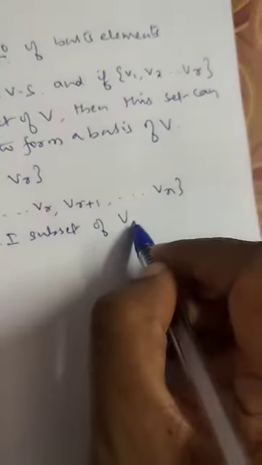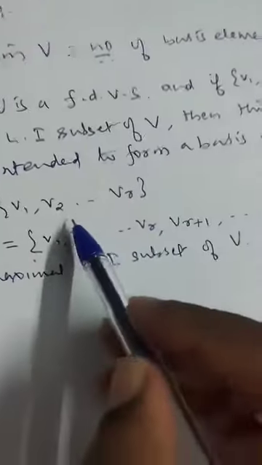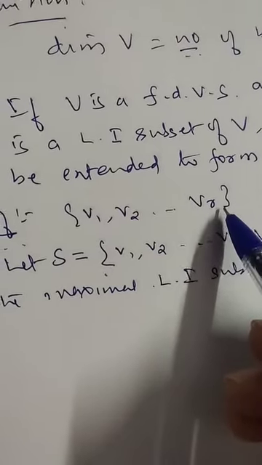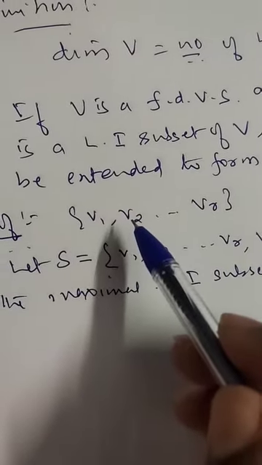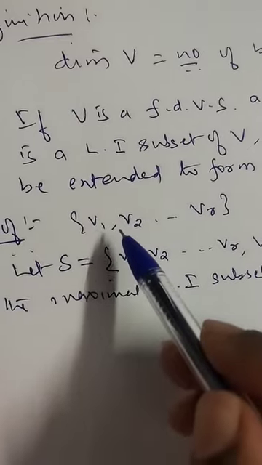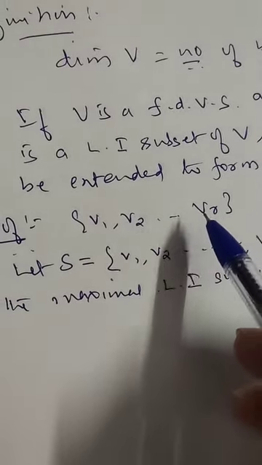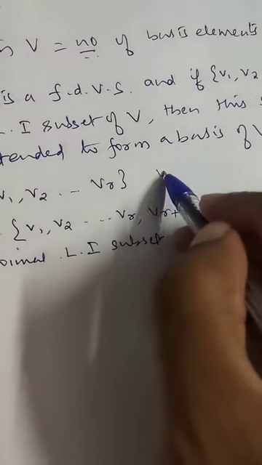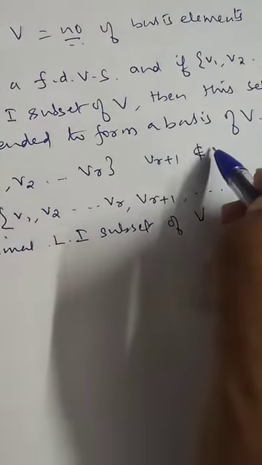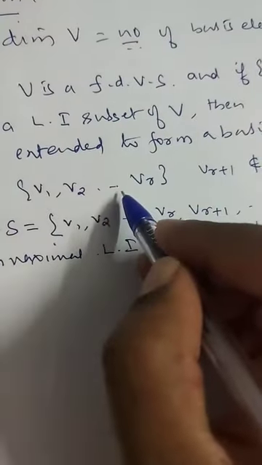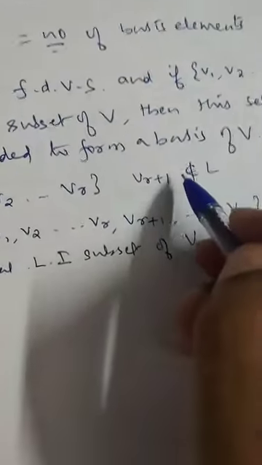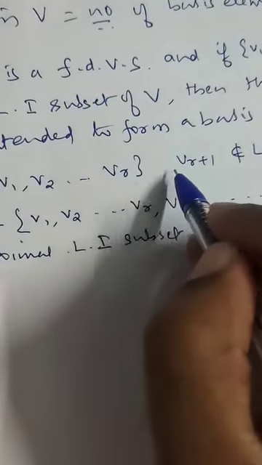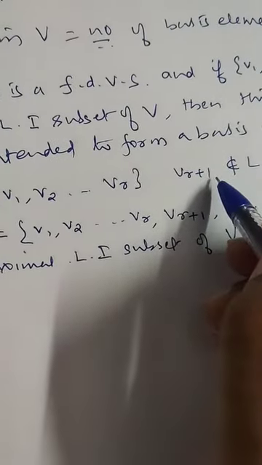How is this possible? Suppose we are given V1, V2, etc. Vr, a linearly independent set. You choose a vector in V which does not belong to the span of this. Say Vr plus 1. If Vr plus 1 does not belong to the linear span of this, then definitely the set V1, V2, etc. Vr, Vr plus 1 is also a linearly independent set.